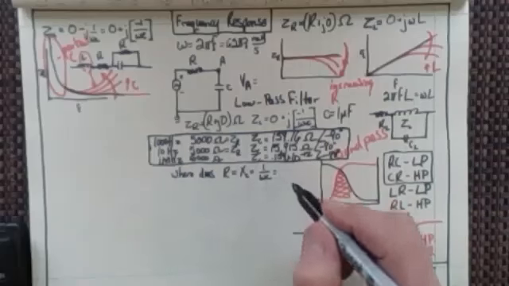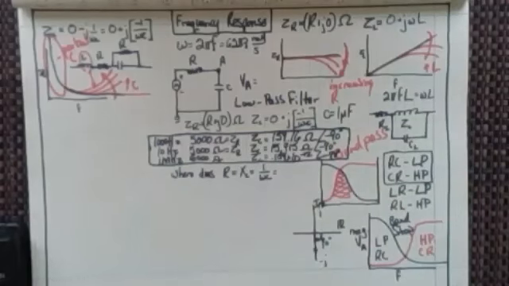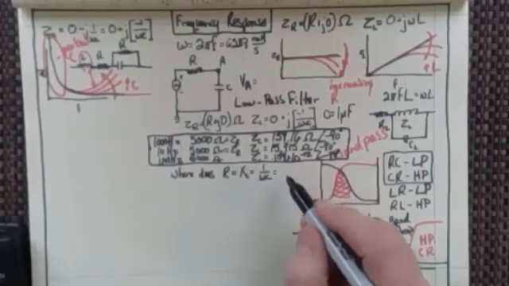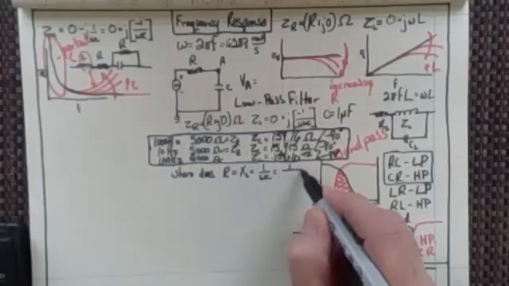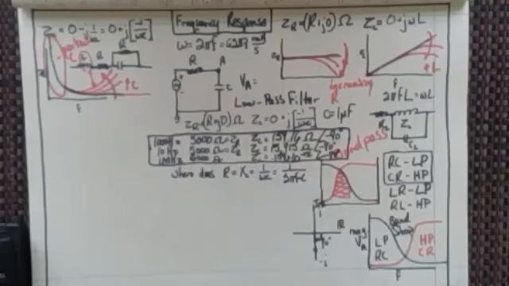Something popped up there. And of course that would really be 1 over 2 pi FC, wouldn't it? So where do these two things equal each other?